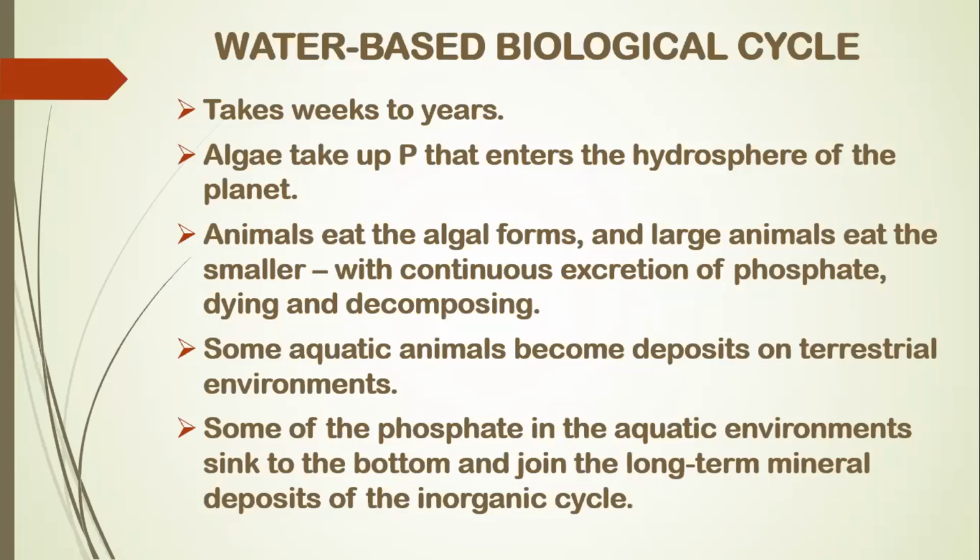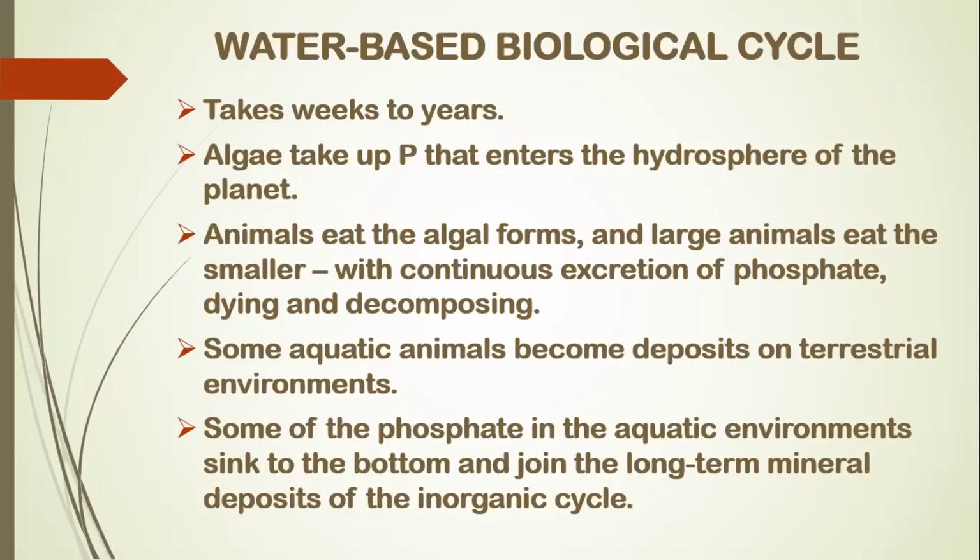Hydrosphere is just the water system in the environment of our planet. Animals eat the algal forms. These are aquatic animals, mostly. There are some terrestrial animals who eat aquatic algal forms as well, like a moose in Canada.